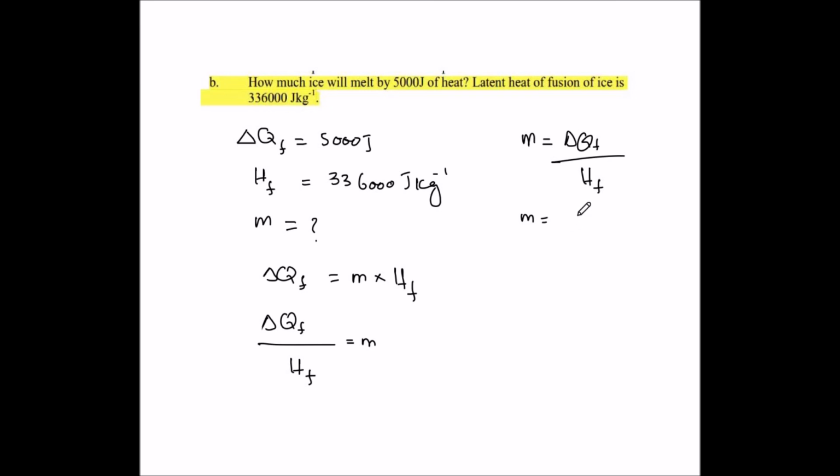Now put in the numbers we have. Delta Q is 5000, and HF is 336000. Then we need to divide this 5000 by 336000. Then you get around 0.0148. Make a habit of writing your answer with the proper unit.